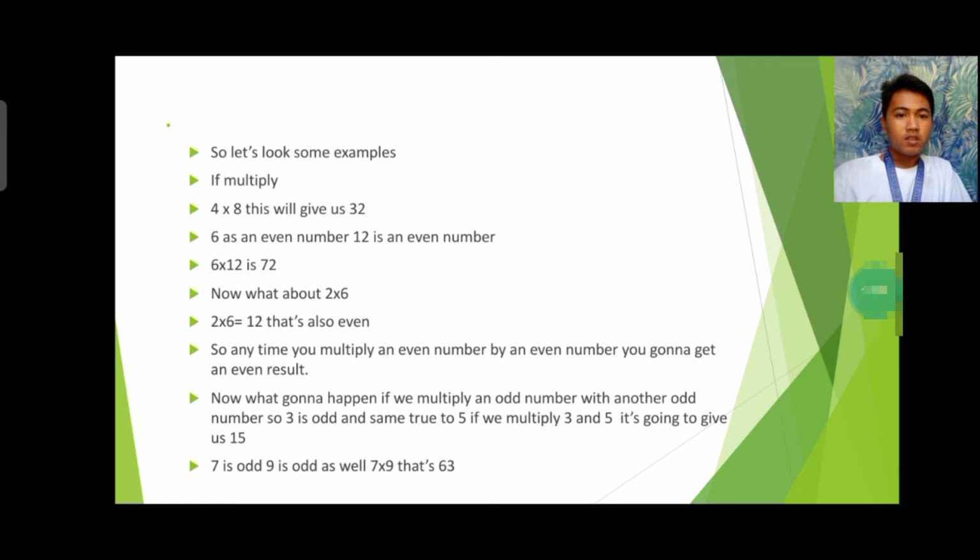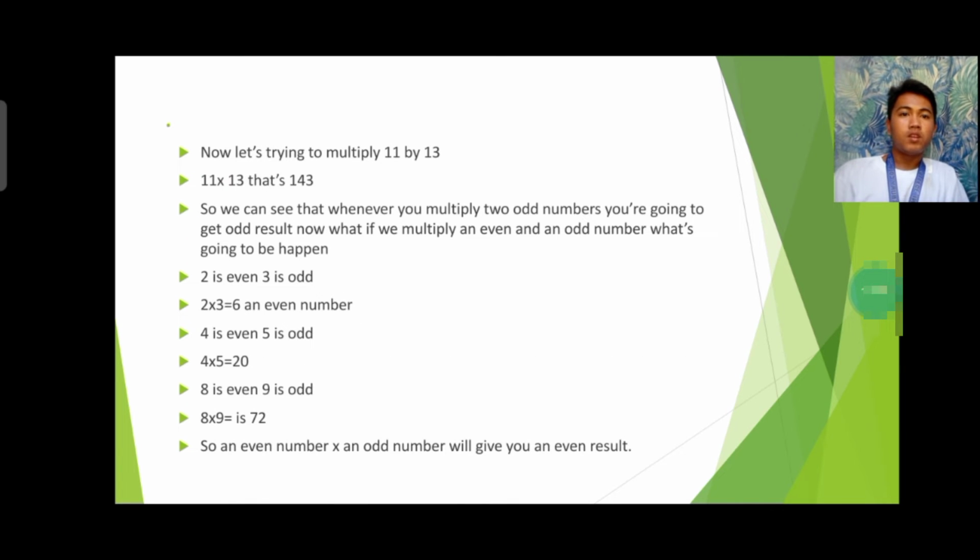Another example. 7 is odd, 9 is odd as well. 7 times 9 equals 63. 63 is an odd number. Now let's try to multiply 11 by 13. 11 times 13 is going to be 143. So this is an odd number. So we can see that whenever you multiply two odd numbers, you're going to get an odd result.